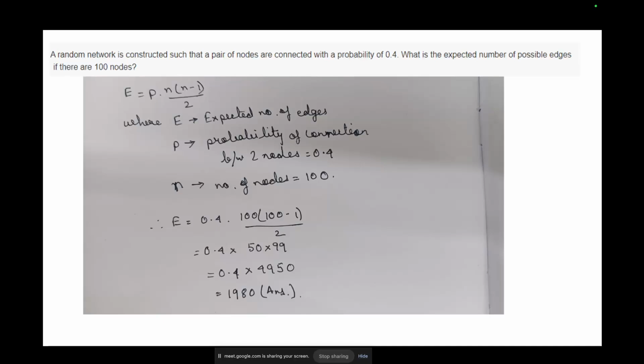So you're told a random network is constructed such that a pair of nodes is connected with a probability of 0.4, and you are asked: what is the expected number of possible edges if there are 100 nodes?